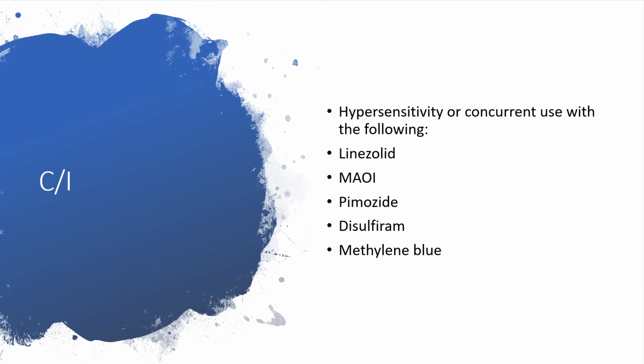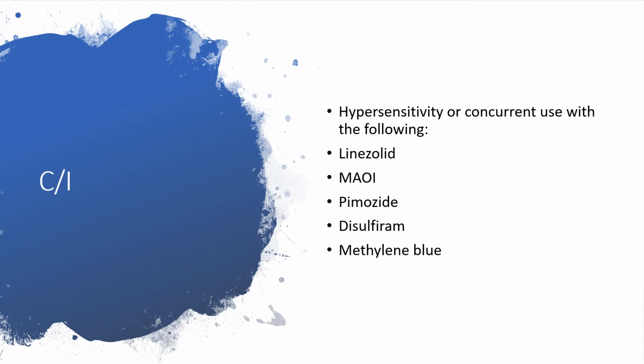Contraindications. Any hypersensitivity history to this very medication or any selective serotonin reuptake inhibitor or to any component of the formulation, then we don't give it. Or if the individual is concurrently using any of these medications, then keep Zoloft or SSRI off the table for now. That is linezolid.